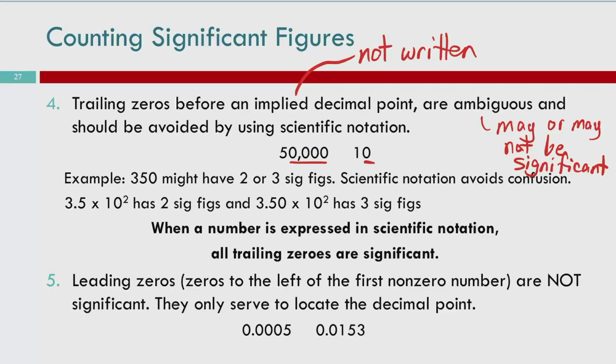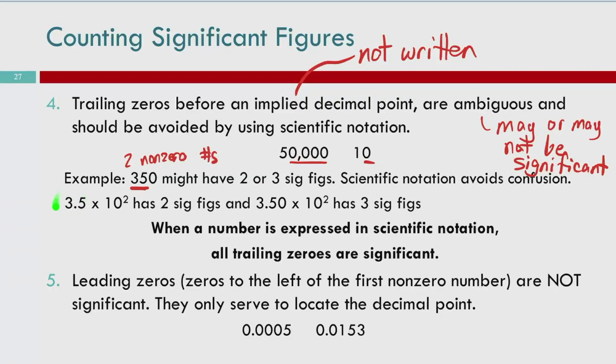An example, 350, could be 2 significant figures. It could not be 1 significant figure. It's definitely at least 2 because we've got 2 non-zero numbers. The 0 might be significant. This is a case where we would want to write it in scientific notation.